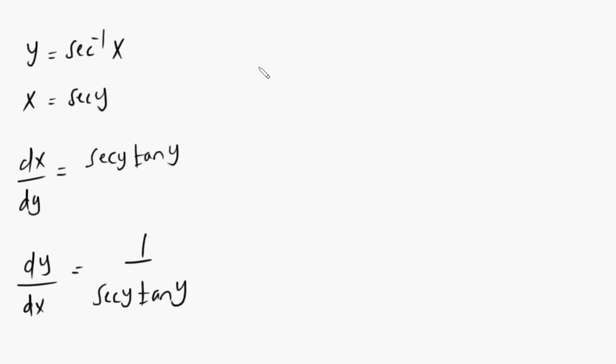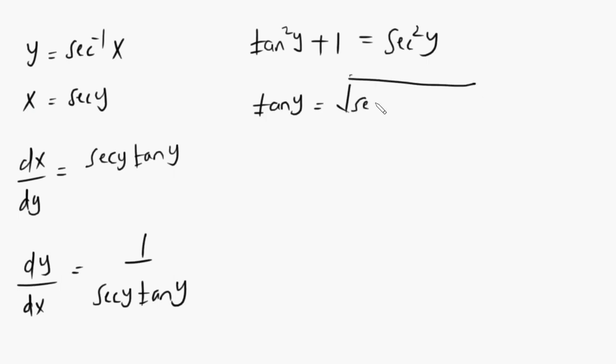But we have seen earlier that tan squared y plus 1 equals sec squared y, we have seen this in the previous tutorial. So tan y, if I make it the subject, is just equal to the square root of sec squared y minus 1. So here, instead of tan y I put this.